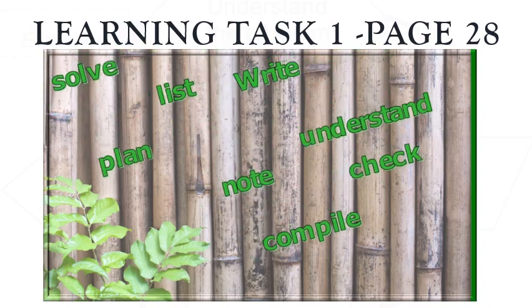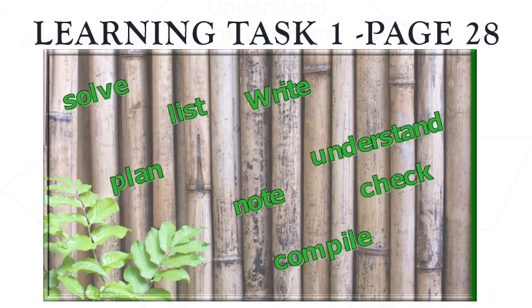Let's have the summary of this video by listing in your mind the 4 steps in answering math word problems. You have 20 seconds to answer. 20, 19, 18, 17, 16, 15, 14, 13, 12, 11, 10, 9, 8, 7, 6, 5, 4, 3, 2, 1.